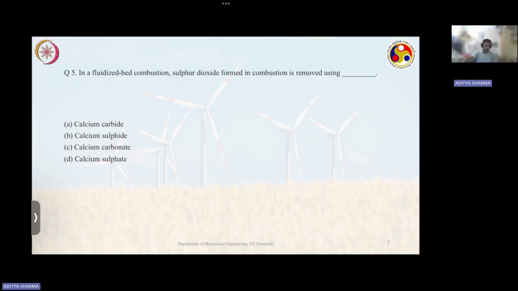Yes. Question number 5 says that in a fluidized bed combustion, sulfur dioxide formed in a combustion is removed using. I was talking about removal of sulfur. How do we do it? Whether this is calcium carbide, calcium sulfide, calcium carbonate, or calcium sulfate.